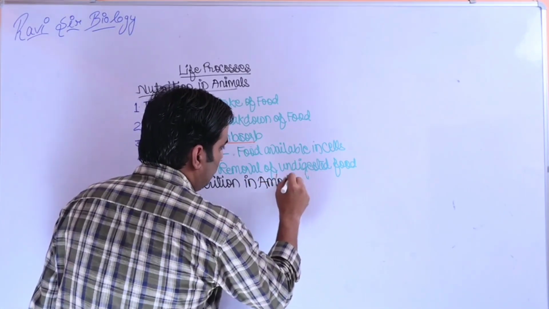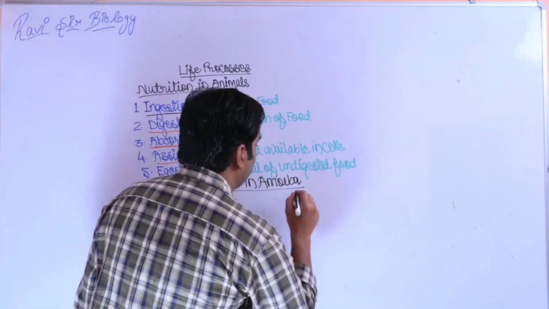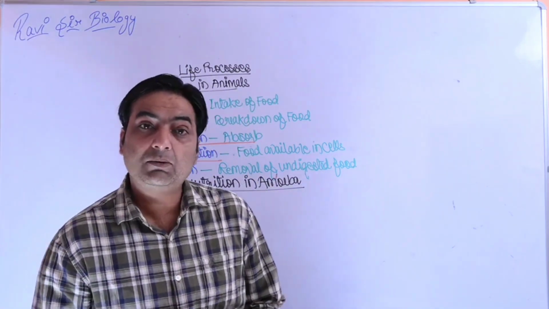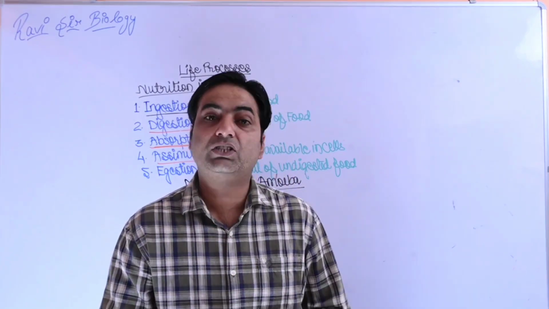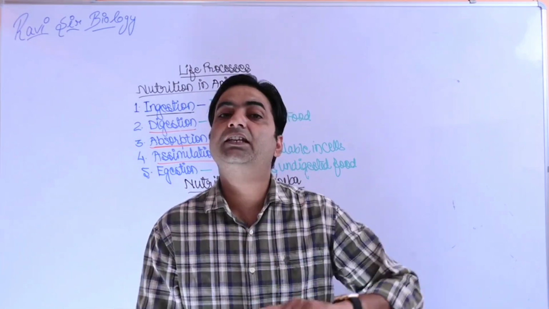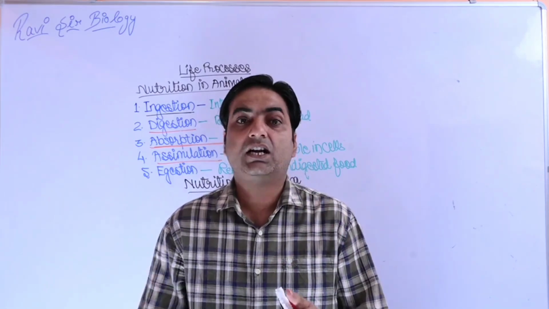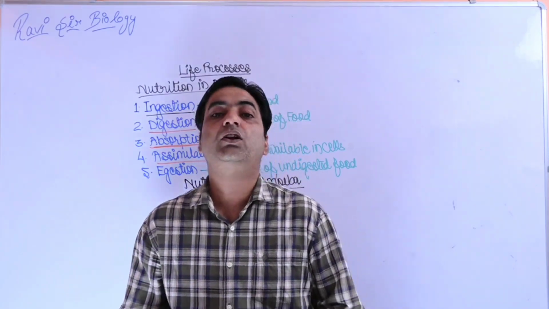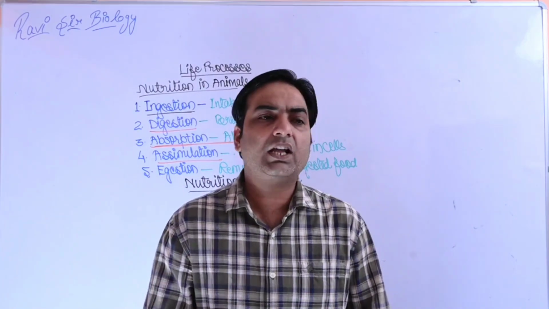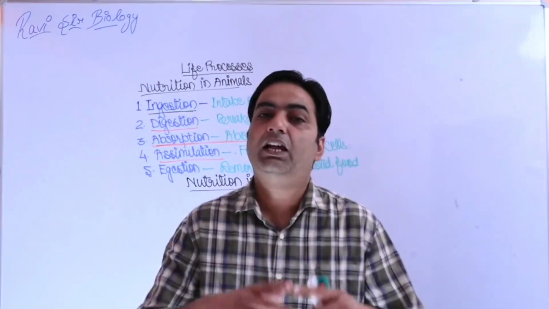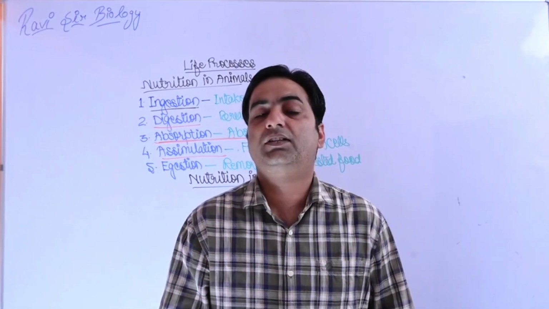Many times in the board examination it has been asked, what is the mode of nutrition in amoeba? The mode of nutrition is heterotrophic, as they depend for their food on other organisms. A type of heterotrophic nutrition is called holozoic nutrition, where complex food is completely taken in by the animal, digestion is done, and energy is produced for further activities.